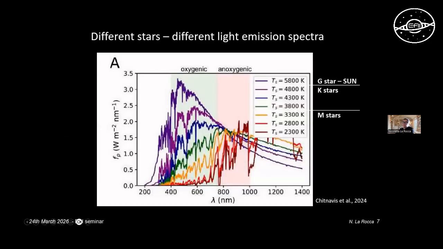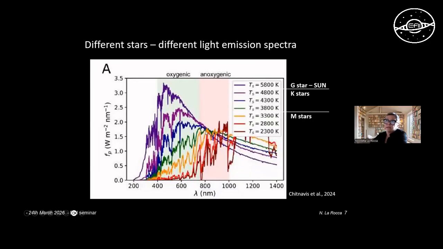The light spectrum of the Sun, here in purple, is characterized by a very high light contribution in the visible portion of the spectrum, while the spectra generated by the other types of stars are depleted, more and more depleted, in visible light and rich in infrared, as you can see looking at the K stars and M-type stars.